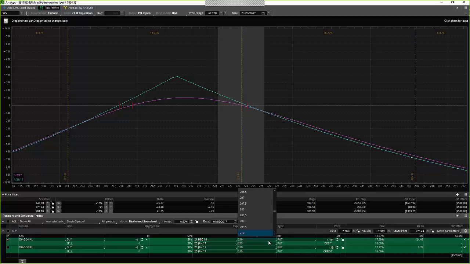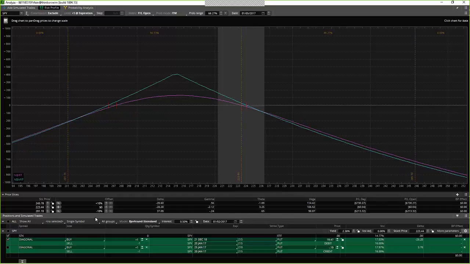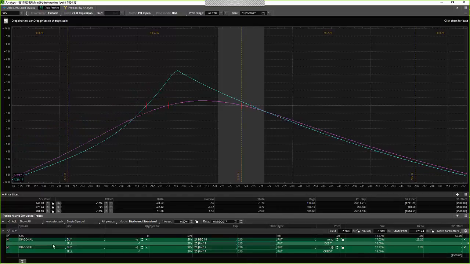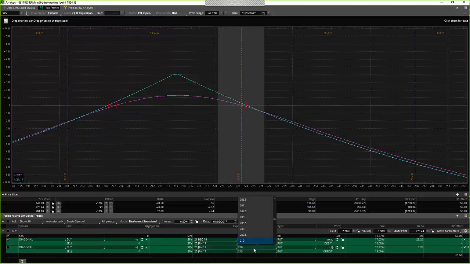Now, let me do this. Let me make them both calendars for a second. Okay? And let me make this one a calendar also. So that, let me just get this to have the right date.